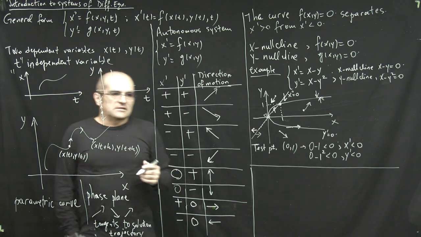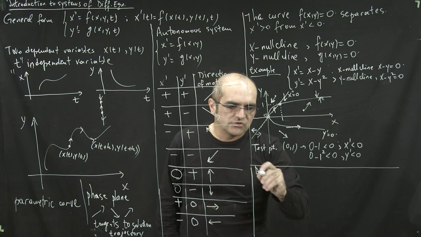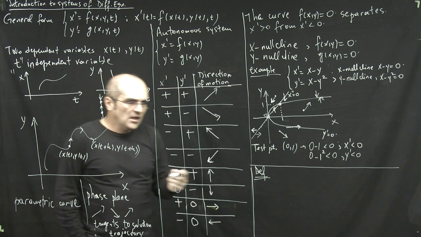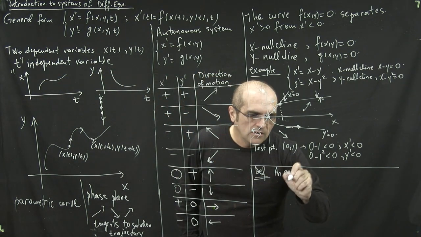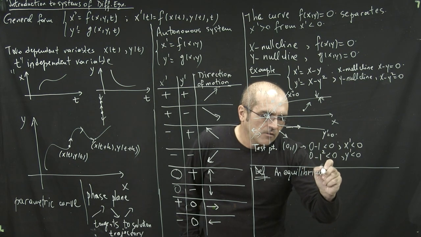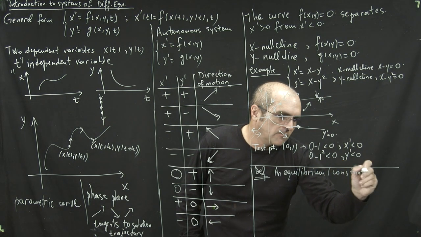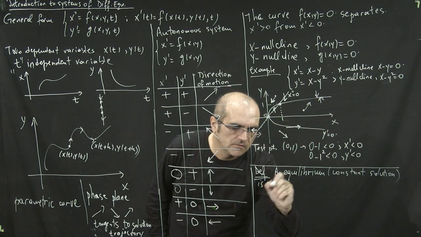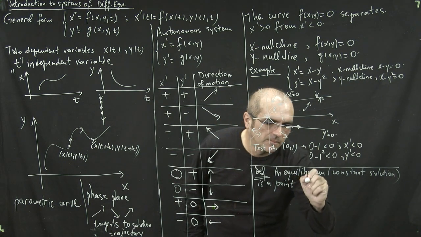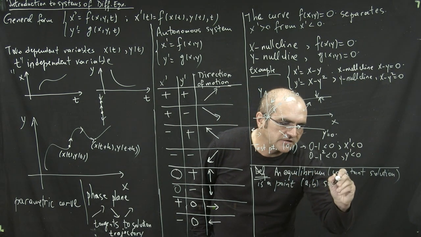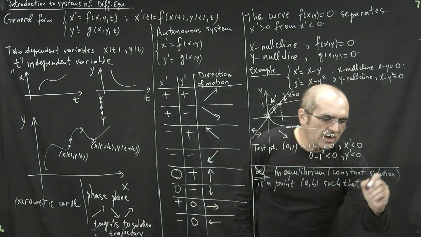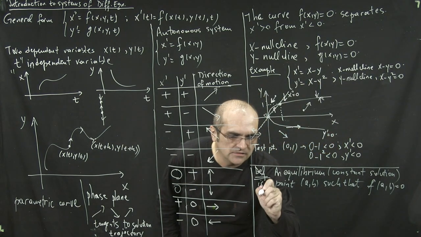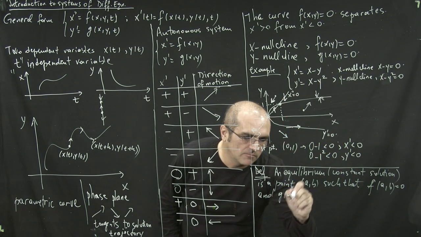Before we move on to the next part, let me define briefly what an equilibrium solution means. It's a similar definition as for single ODEs. An equilibrium or constant solution is a point (a, b) such that f(a, b) equals 0 and g(a, b) equals 0.